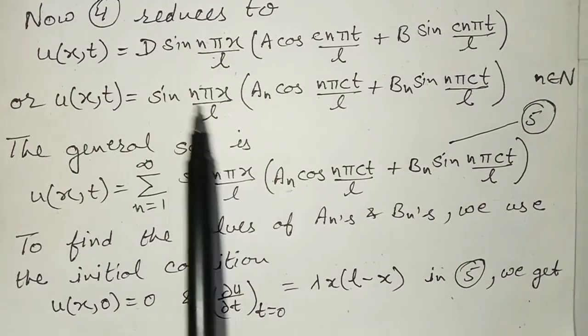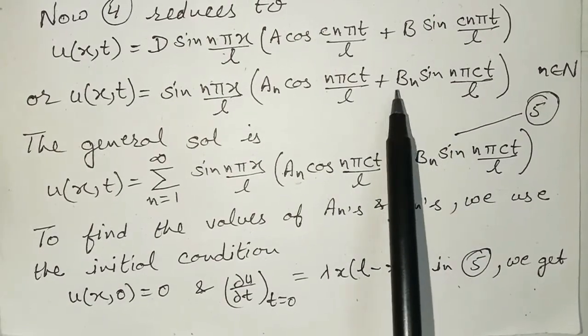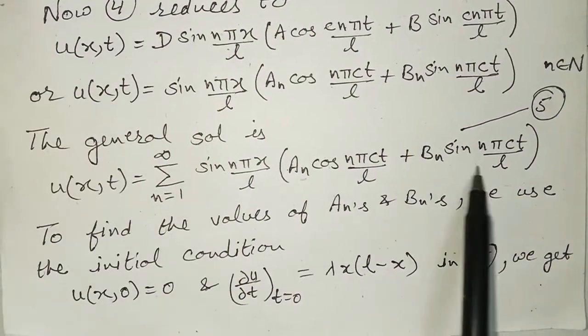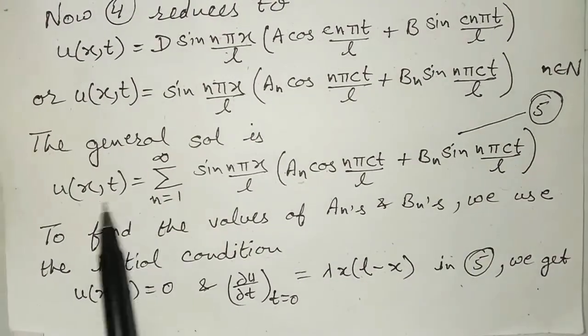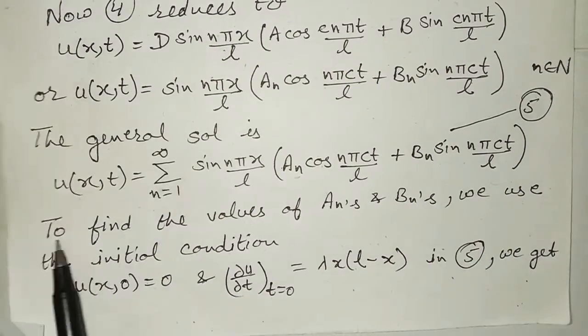Now the general solution, because for every value of n this is a solution, means the sum of all these solutions. The sum of solutions is also a solution. So therefore this is the general solution. We call it equation number 5.